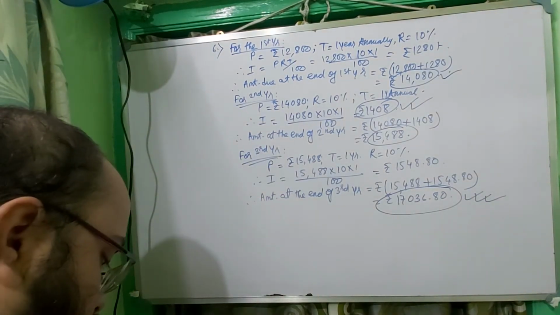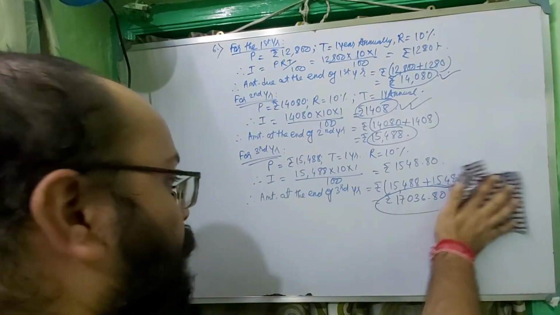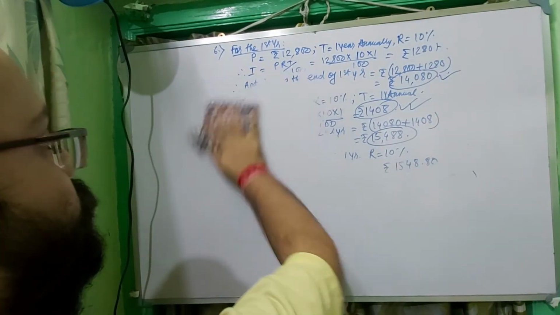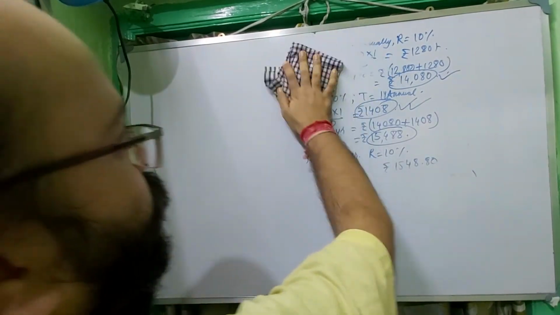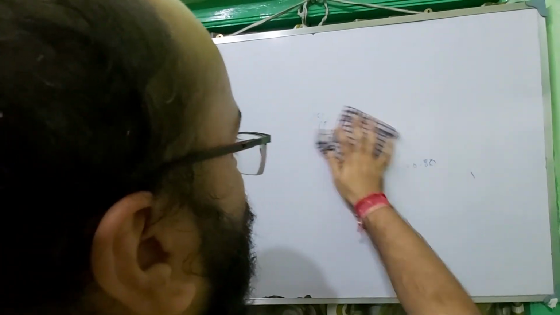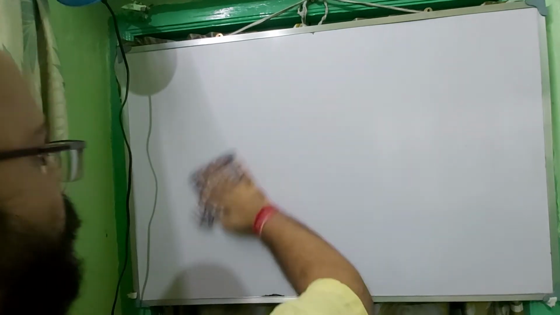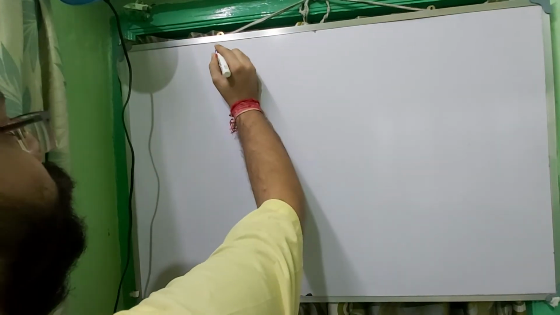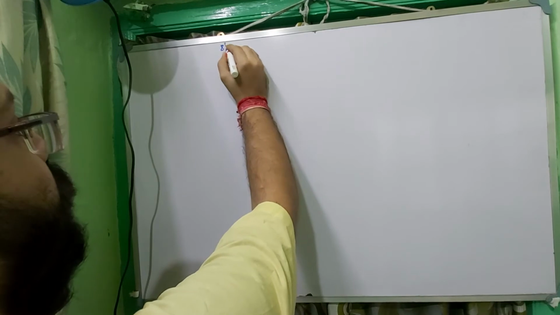He pays back rupees 1,800 at the end of every 6 months. Calculate the third payment he has made at the end of 18 months to clear the entire loan amount. So this is question number 8.